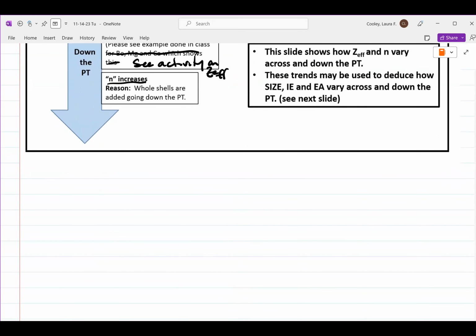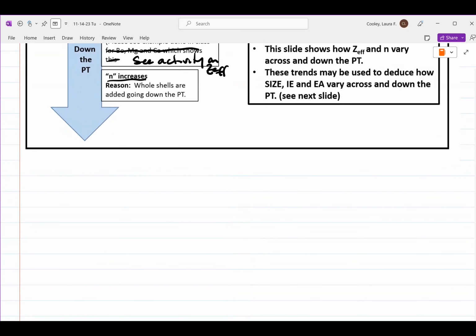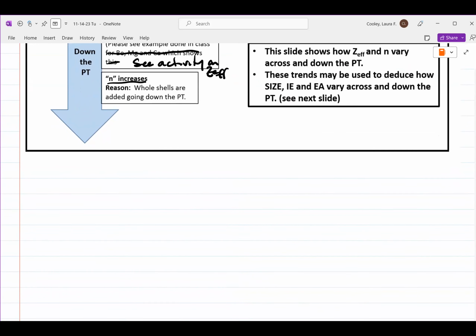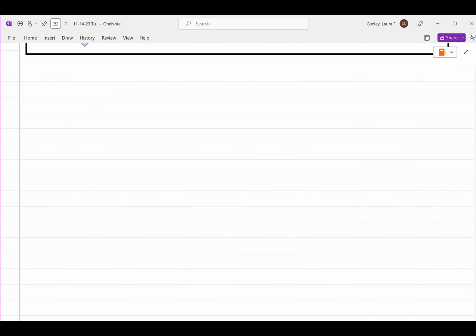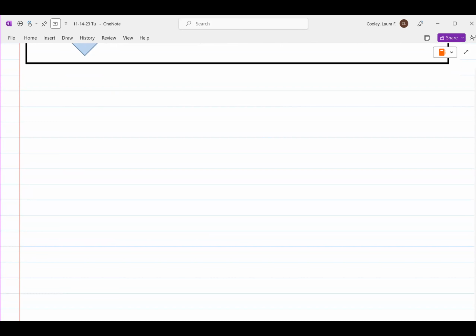And now what I would like to do is go through the different periodic properties and talk about how they depend on Z effective and N, and how we can determine how those properties change.